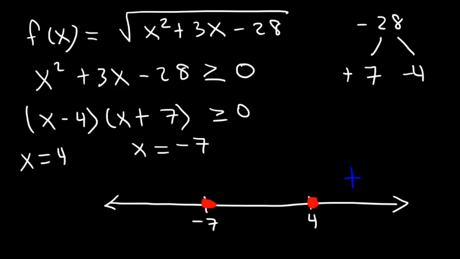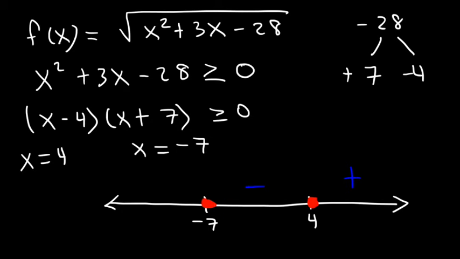So it is satisfied. Now let us see the interval between minus 7 to 4. Now look at this, here x minus 4 will be negative but x plus 7 will be positive. So in this interval the product will be negative.